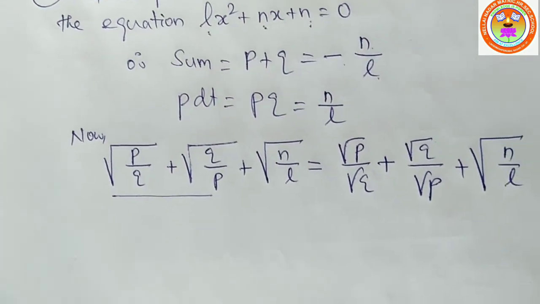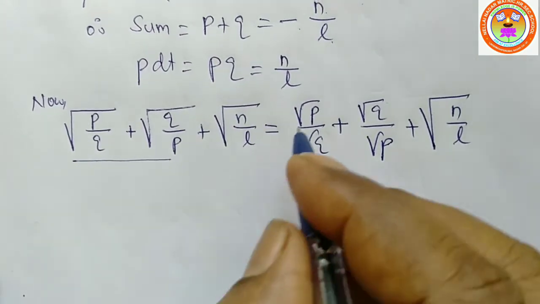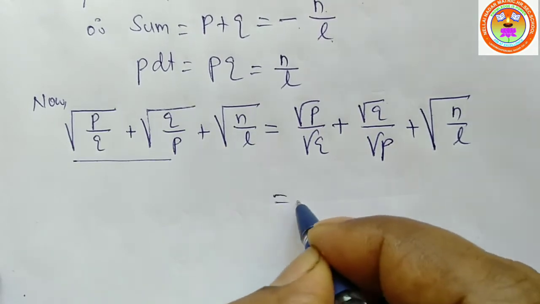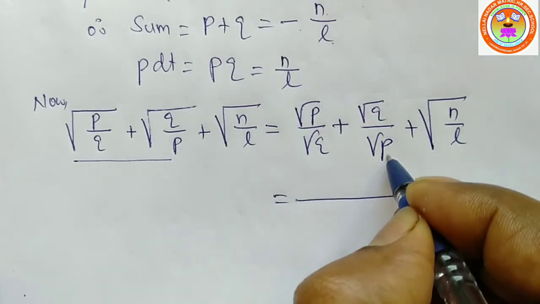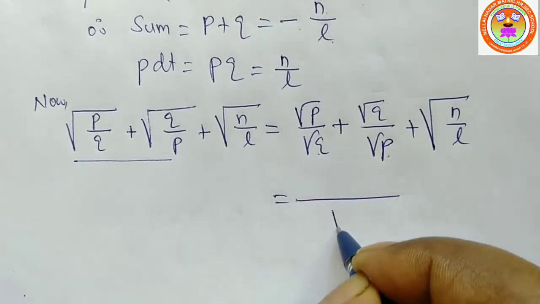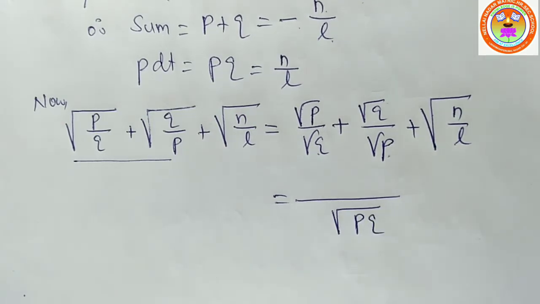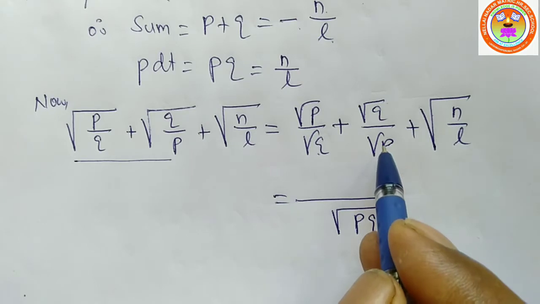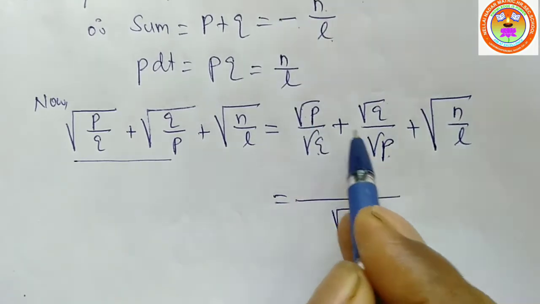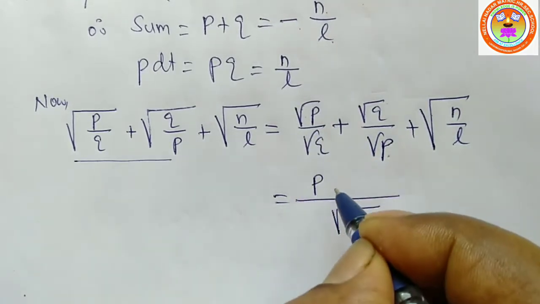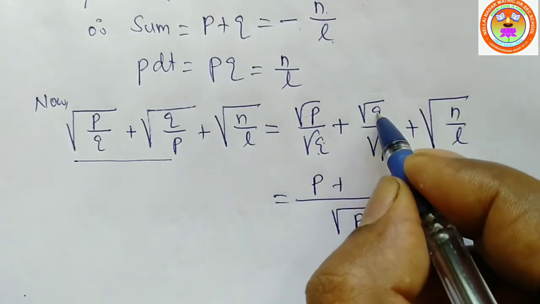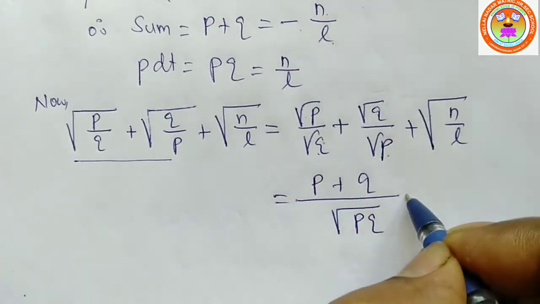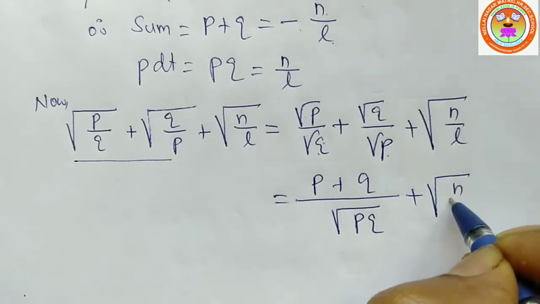If we take the LCM of the first 2 terms, what's the LCM? Root P into root Q. The LCM is root of PQ. So, we cross multiply this root P with this one. Root P into root P, P. Root Q into root Q, Q. Plus root of N by L.